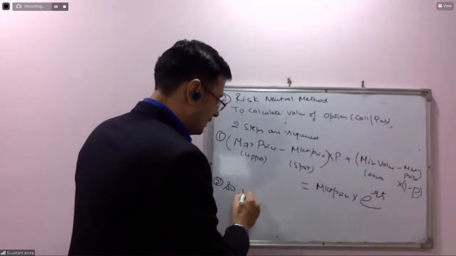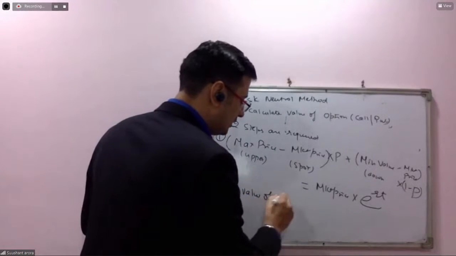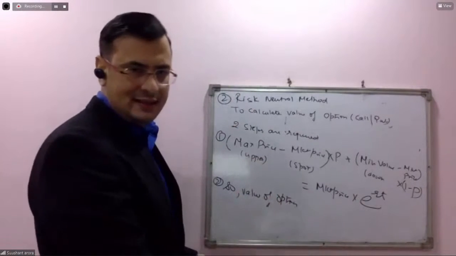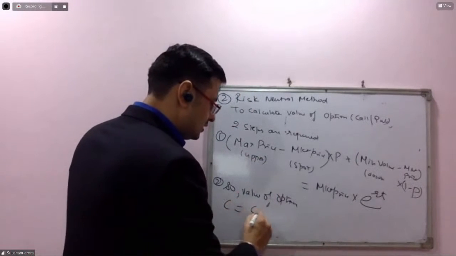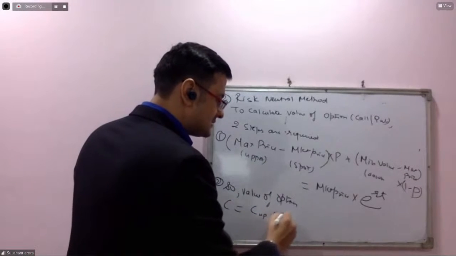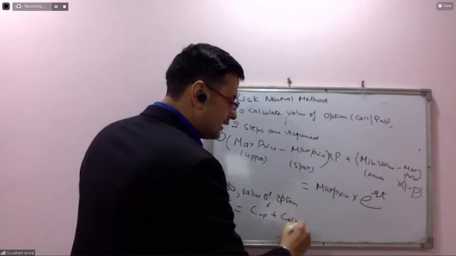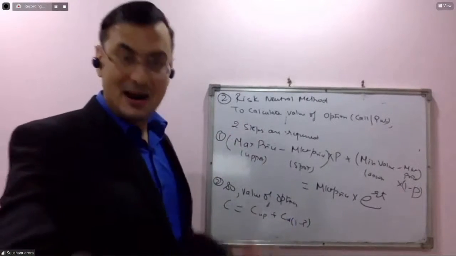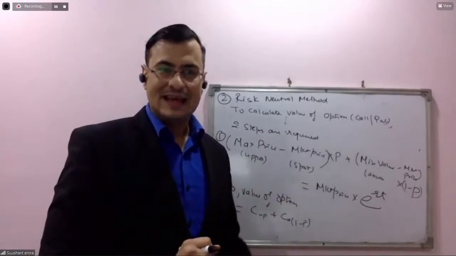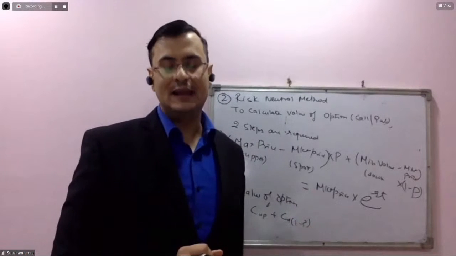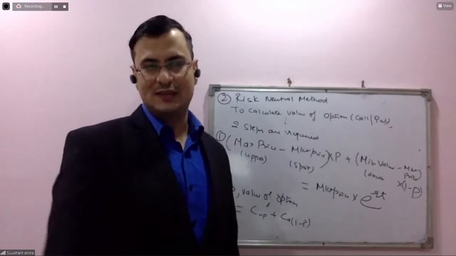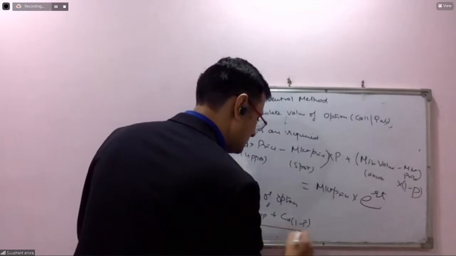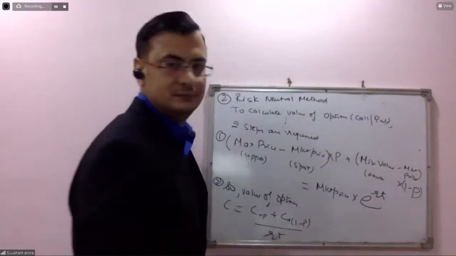The value of the option, call or put, will be C up plus C down into 1 minus P, divided by R, the risk-free rate, as you remember. Here it will be e to the power RT.